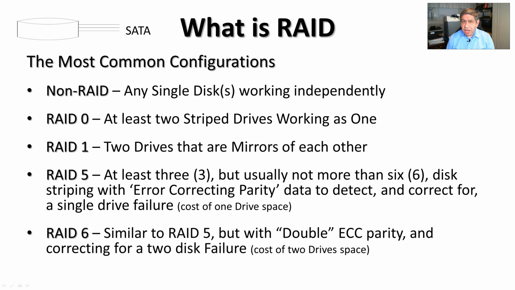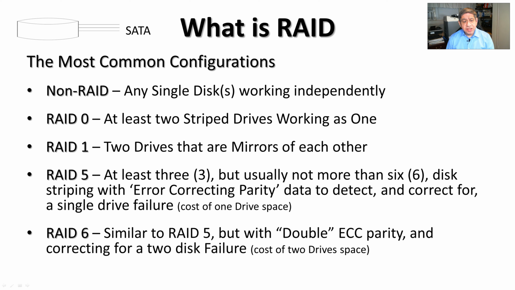Then there's RAID 5. Now RAID 5, you will see something that is a variation of RAID 5 on my new server if you go back to those videos. You've got to have at least 3 drives, and usually 6 is the upper limit, although you can put more, but it becomes very inefficient past about 6.